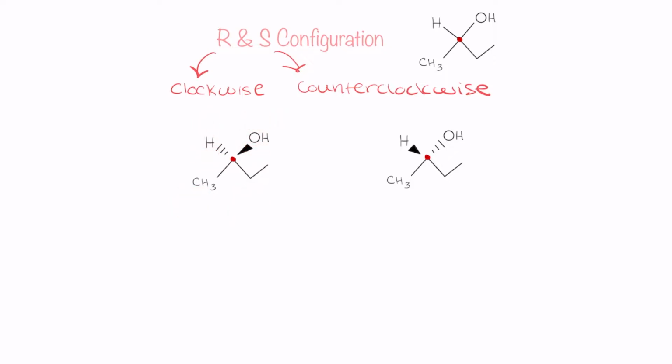So we're going to give oxygen priority number 1, and so now we gotta figure out who's gonna get priority number 2. Well, we know that this carbon and this carbon both have an atomic mass of 12, so who gets second priority? Now we gotta ask ourselves, what groups are these carbons attached to? So this carbon here is attached to 3 hydrogens, whereas this carbon here is attached to 2 hydrogens and another carbon.